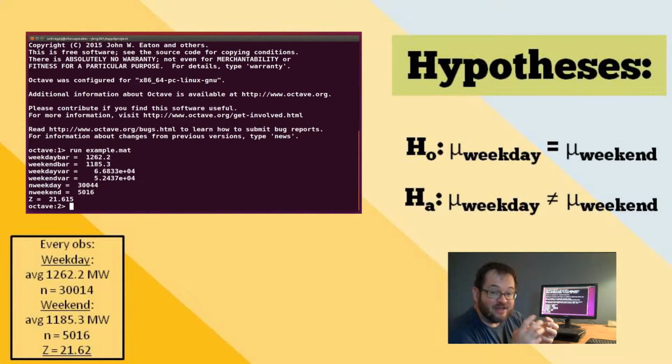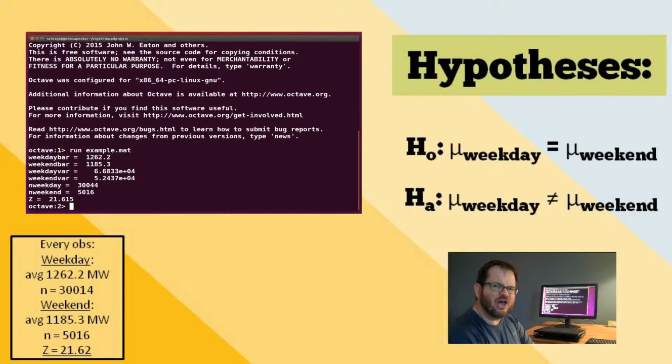So any value of Z you compute being bigger than 2.57 means that the result is statistically significant at the 99% level, meaning there's no more than 1% probability that you are rejecting the null hypothesis incorrectly. And in fact, oh my gosh, we're way out in the tail of the distribution.